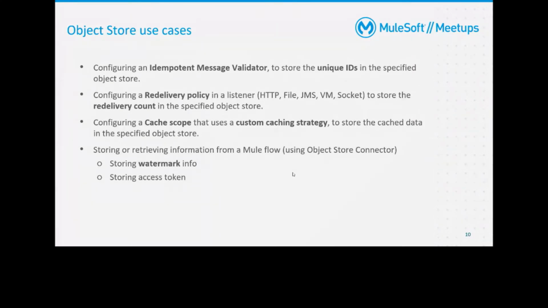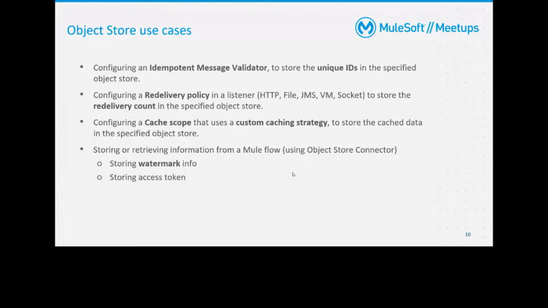Also, in our business implementations, we might have to store access tokens. For example, in a scenario where we are using OAuth implementation, we usually use access tokens. This access token is alive for about 30 to 60 minutes, depending.